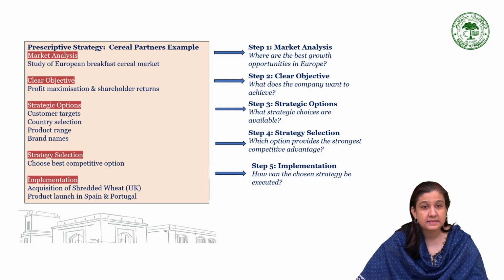After market analysis, the organization established a clear objective. The objective was profit maximization and shareholder value creation. Objectives are important because they provide direction and help managers evaluate alternatives. A clear objective answers this question: what are we trying to achieve?